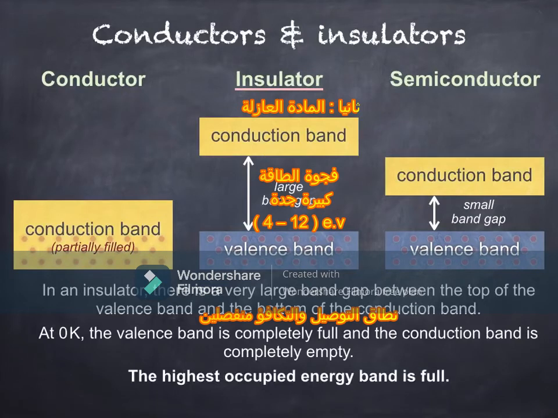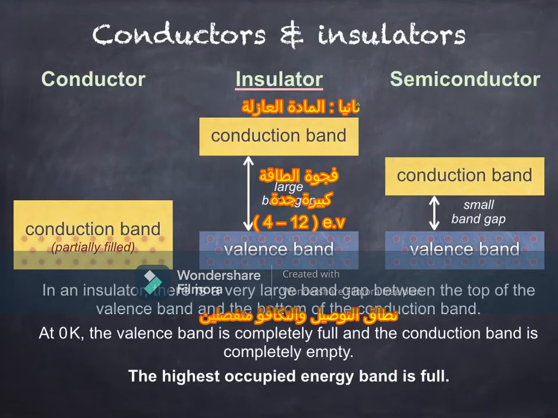At 0 Kelvin, the valence band is completely full and the conduction band is completely empty. At higher temperatures, electrons don't normally gain enough energy to jump from the valence band to the conduction band. So with no electrons in the conduction band, conduction isn't possible. For an insulator then, the highest occupied energy band, the valence band, is full.